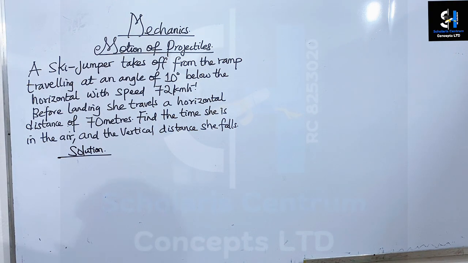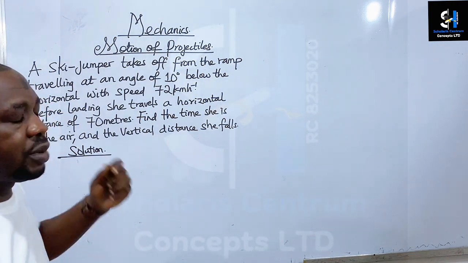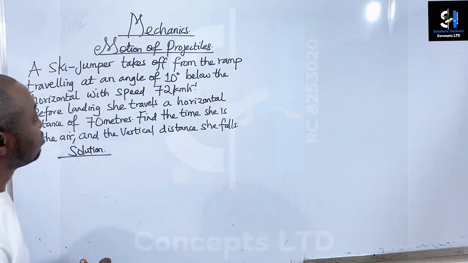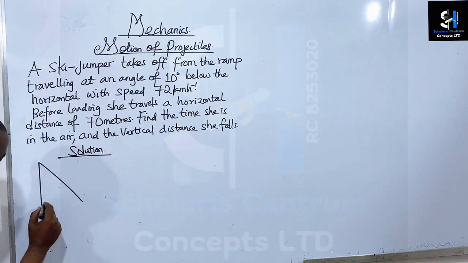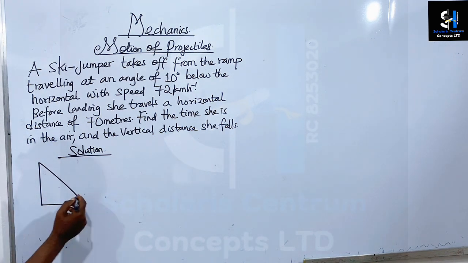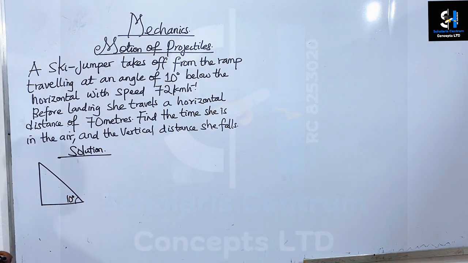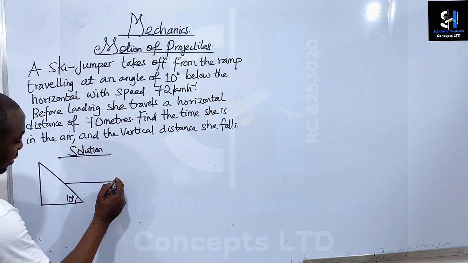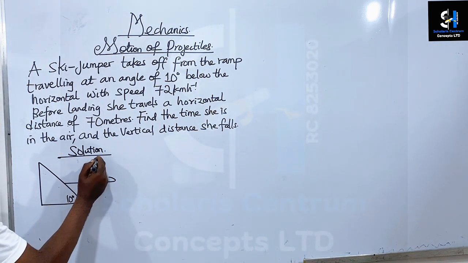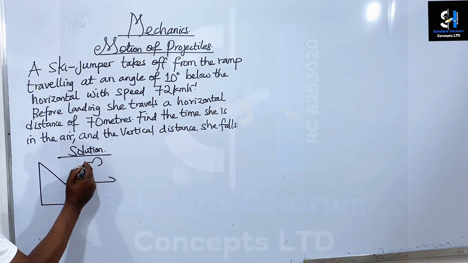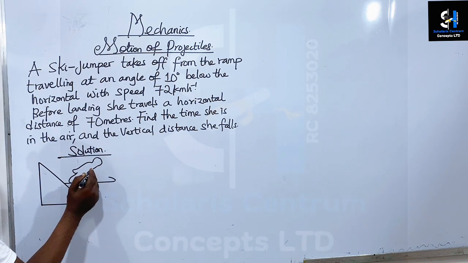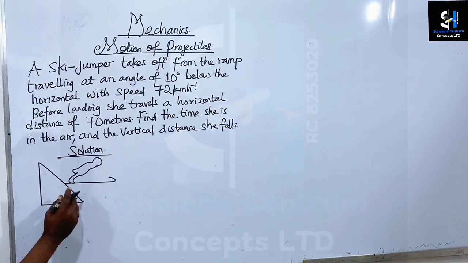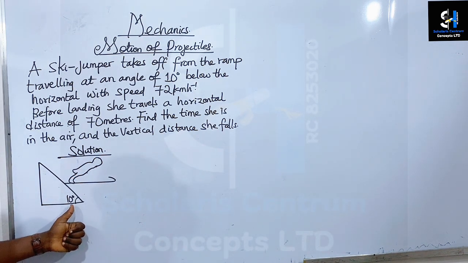To be able to understand the question, let me draw the diagram of how I understand it. This is the ramp. The angle of inclination is 10 degrees. Then we have the ski jumper. This is the ski jumper and this is the ramp.